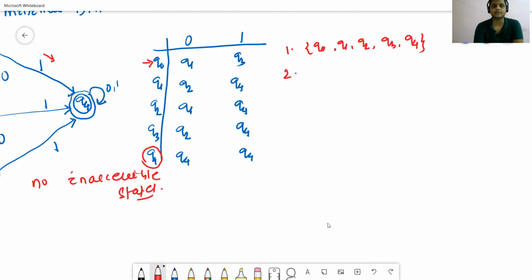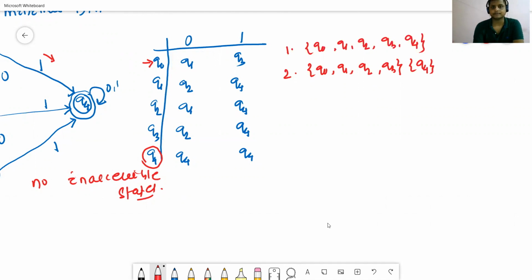Now we'll separate the states into final and non-final. Here Q4 is one state, and Q0, Q1, Q2, Q3 are the others.